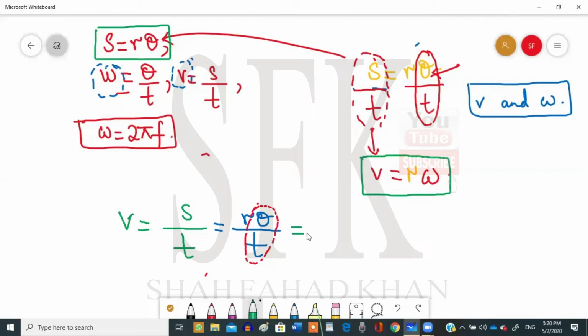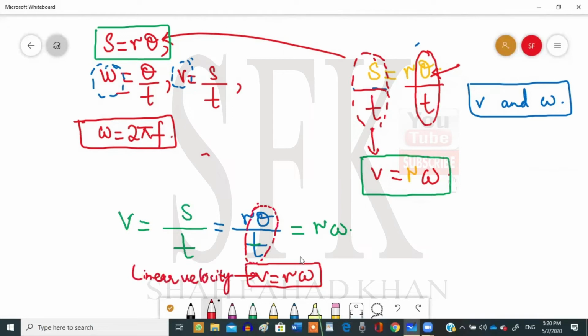So the formula modifies to R multiplied by omega. So V is equal to R omega, where V represents the linear velocity of an object moving in circular motion, R represents the radius of the circle, and omega represents the angular velocity.